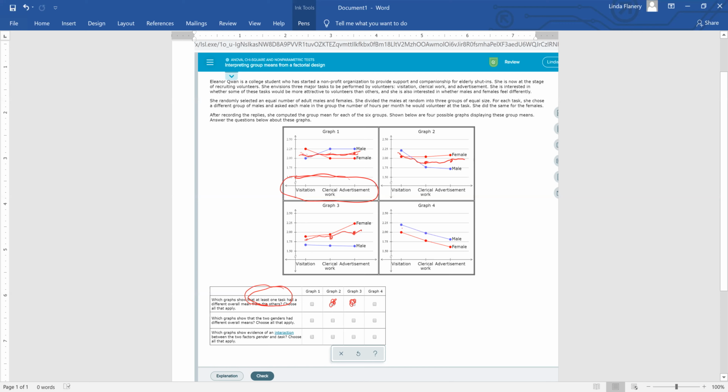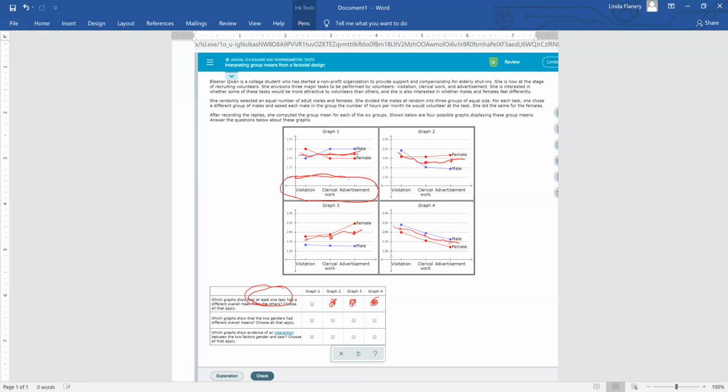If I do halfway between these 2 endpoints, it's going to be here, here, and here. And when I connect those dots, my line ends up being a slanted line, not a straight line. And so I'm going to mark number 4. So the line has to be straight horizontal. The only one that would have a straight horizontal line is the very first one.